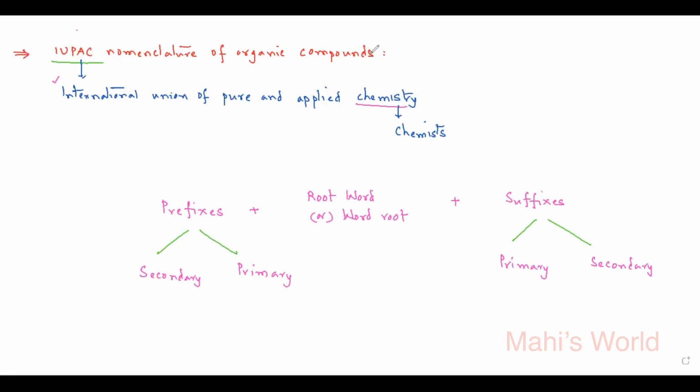So the overall order will be secondary prefix followed by primary prefix, then the root word, then the primary suffix, and finally the secondary suffix. So this is the order in which the name of an organic compound has to be written. Sometimes one or more of these may be missing, but this is the order to be followed.